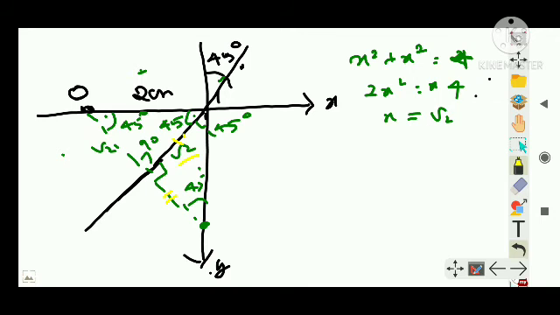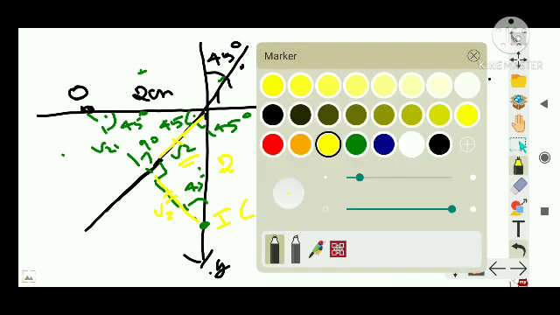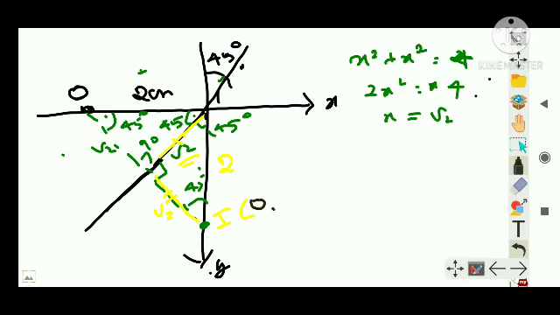So I just wrote this as root 2. So that means this is also root 2. If this side of the triangle is root 2 and this side is root 2, then obviously this side should be 2. Clear? Now you found the position of the image. This is our image. So what is the image position? In x-axis it is 0, in y-axis it is -2.